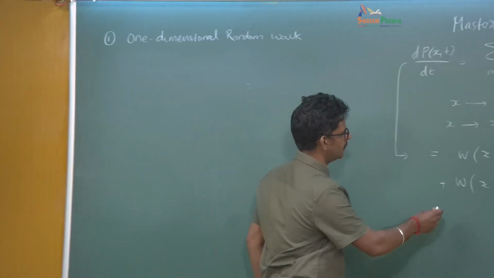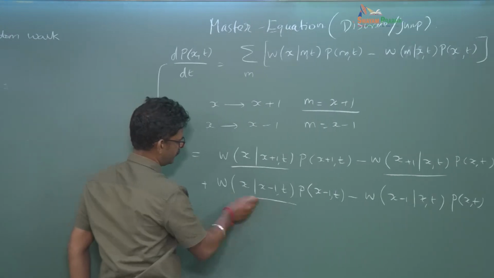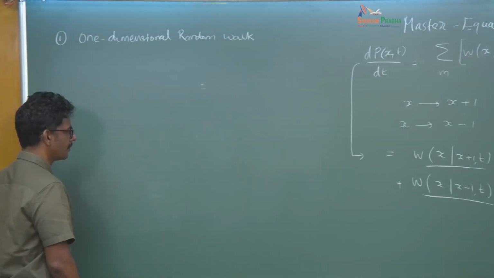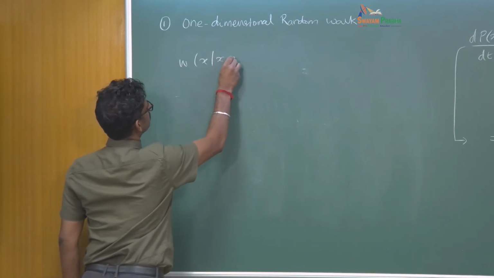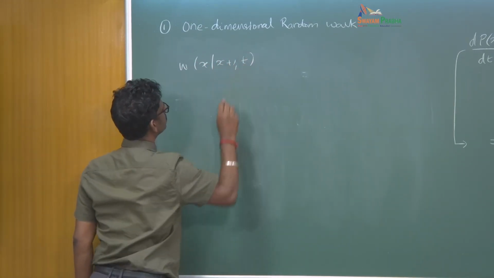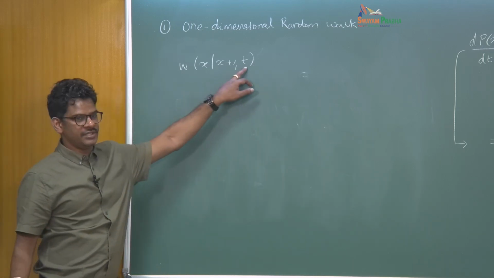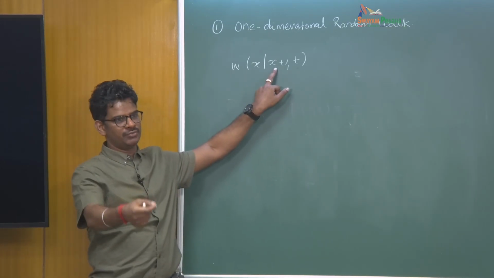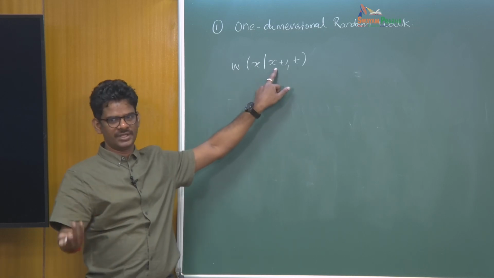So now we have to deal with these rate constants, right? We need to define this. What can we say about this? At time t, the position is at x plus 1 and the rate at which it will jump from x plus 1 to x, what would that be?